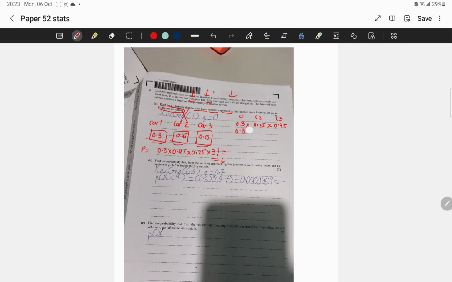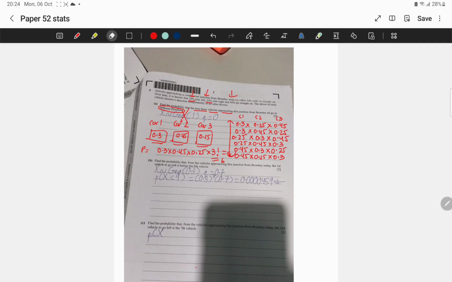Let's say I keep 0.3 here, then I swap the other two, 0.45, 0.25. I can put 0.25 in the first one. My second one would be 0.3, 0.45, or 0.45 and 0.3. Then the last one is, the first one goes straight ahead, then the second one goes here, the next one goes right. The last possibility would be this one. So in all I get 6 possibilities.